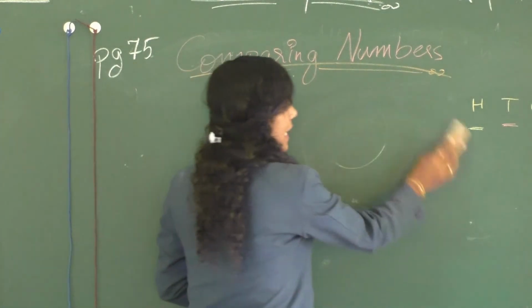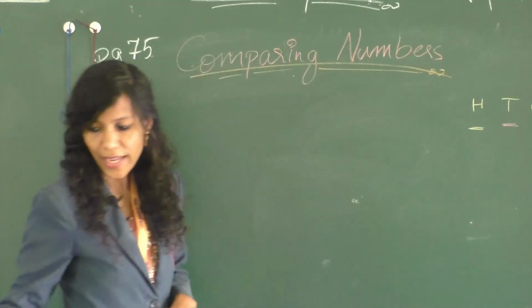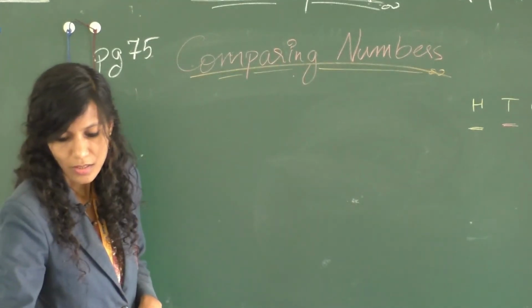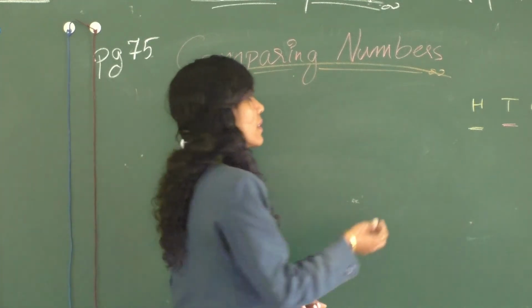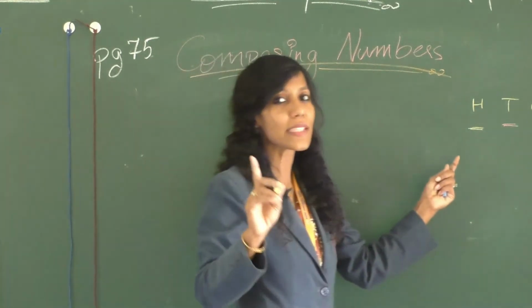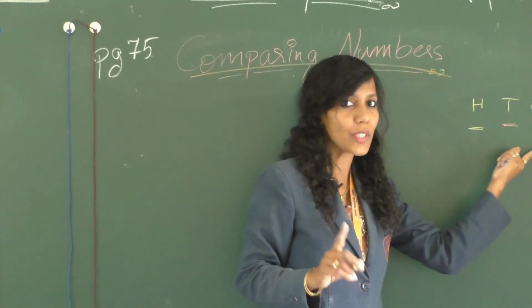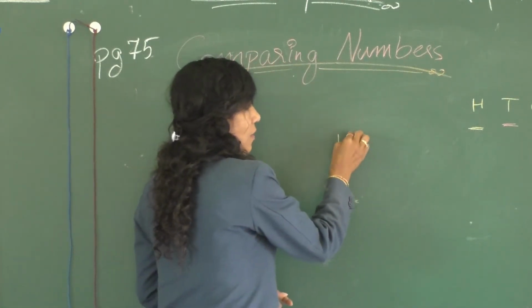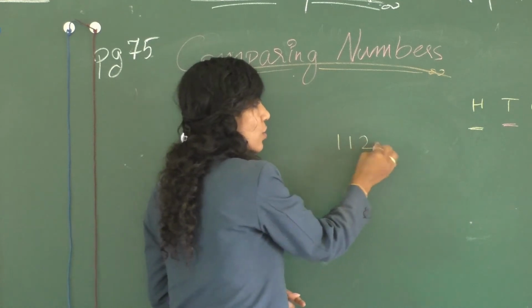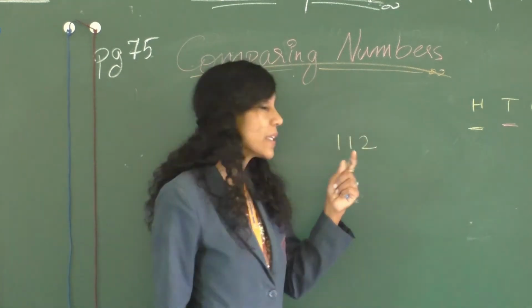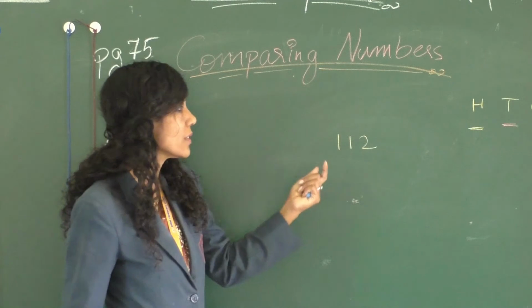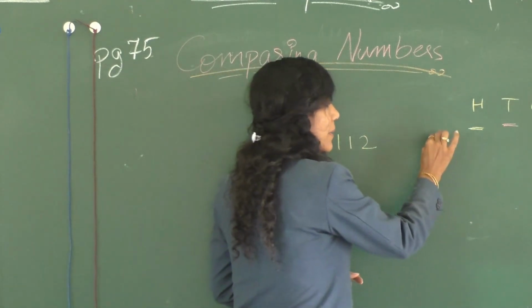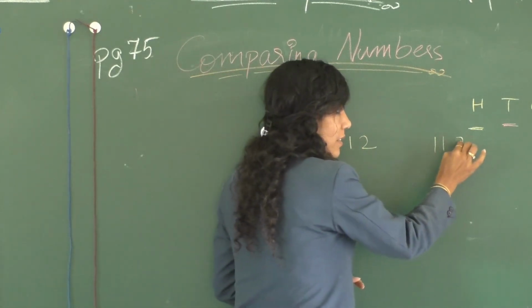We can have a sum where two numbers are, I'll just take one example of 3-digit number. 112, just an example to clear your doubts, and the other number will be 113.